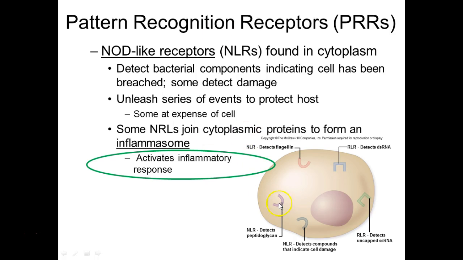So we want to be able to detect, like we said before, peptidoglycan, flagellin, even single-stranded RNA that can be associated with particular viruses. We process our RNA in a way that our cells recognize it. So if it's uncapped, which means it's not processed, then we have receptors that detect that and would let us know that this is probably a viral infection, as opposed to our own single-stranded messenger RNA.